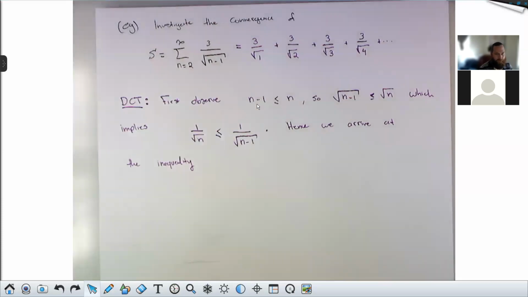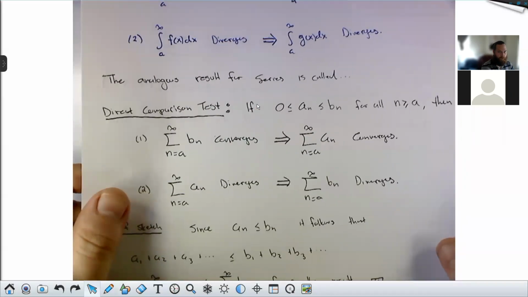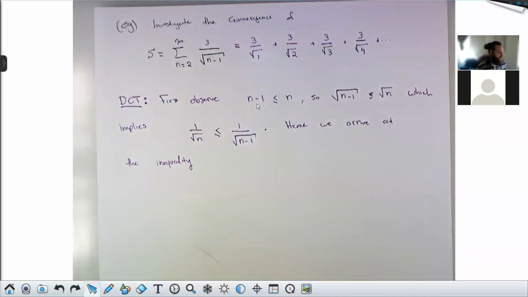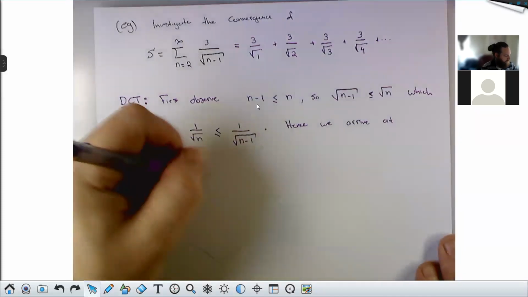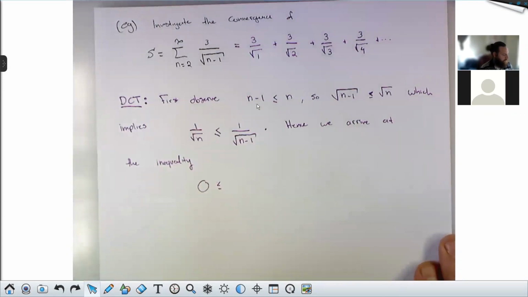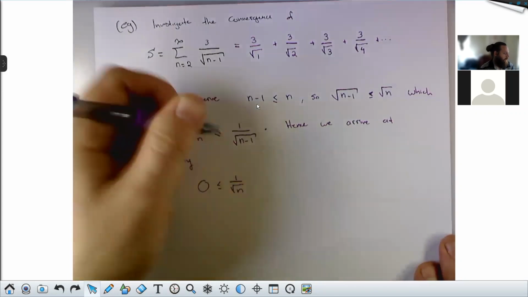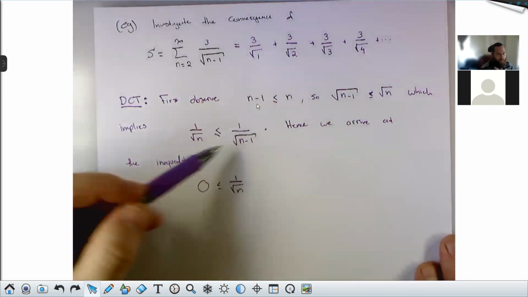My goal is to build something that looks like the inequality in the theorem. Right? 0 is less than or equal to an is less than or equal to bn. Well, 1 over root n, that is going to be positive. That's always going to be greater than or equal to 0. 0 is less than or equal to 1 over root n. And this thing is already bigger than 1 over root n.